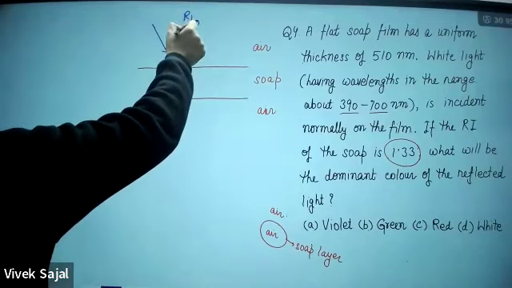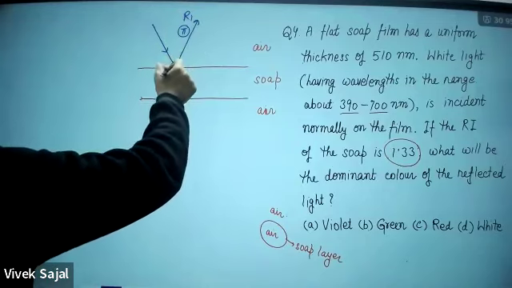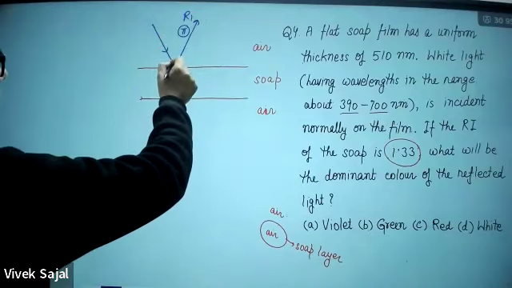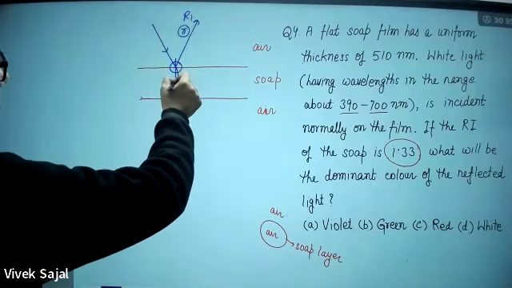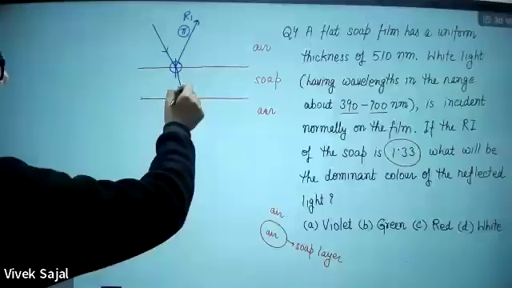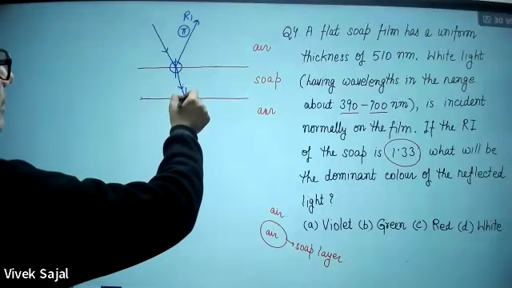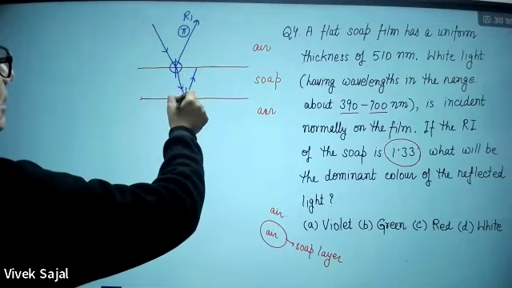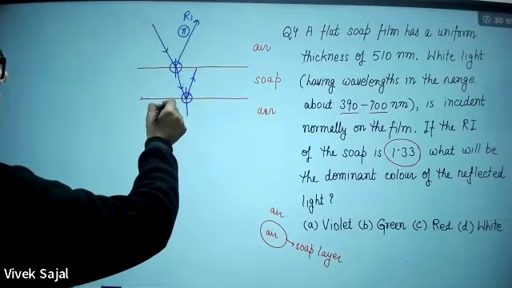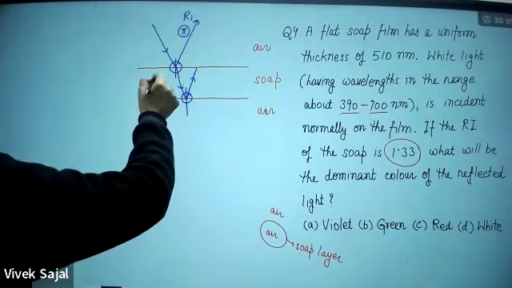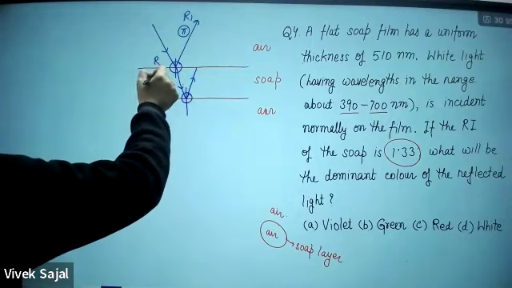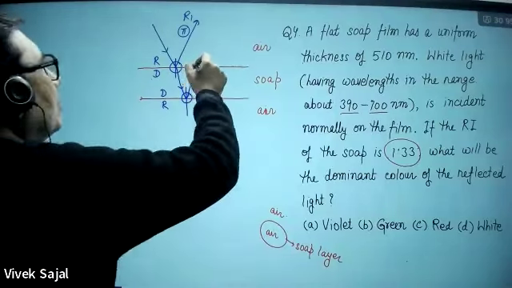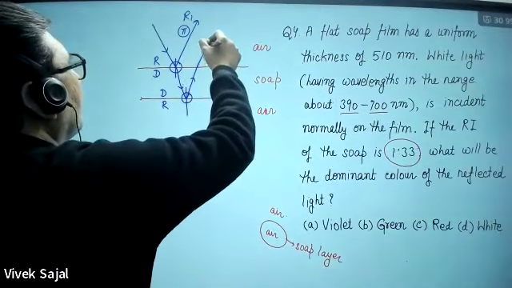R1 is taking place at the denser medium. A part of it will transmit here. The second reflection will take place at the air, so it is taking place at the rarer medium. This is rarer medium. This was denser. Here in this case, this was rarer.